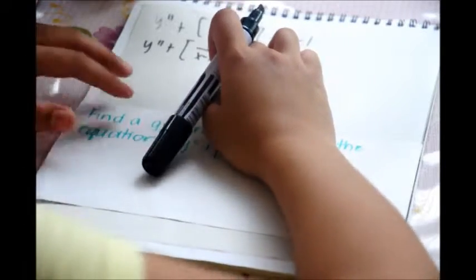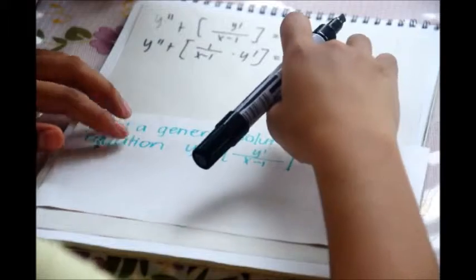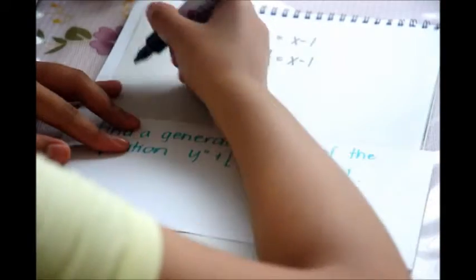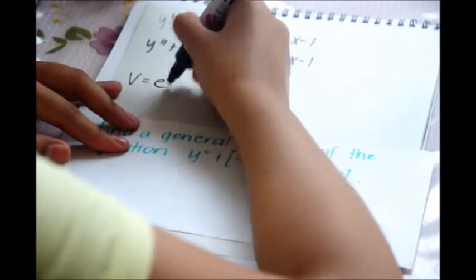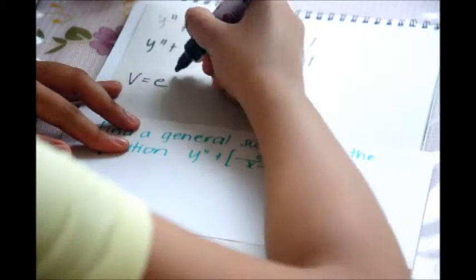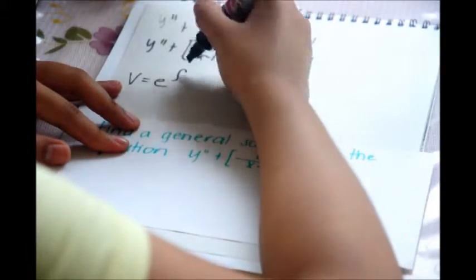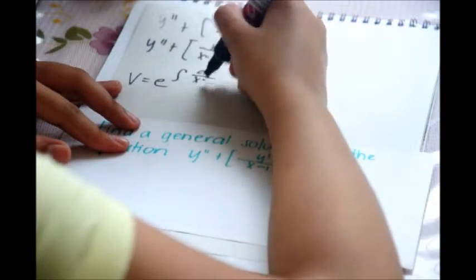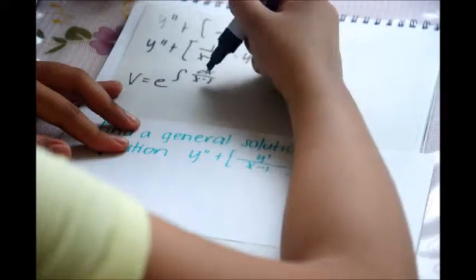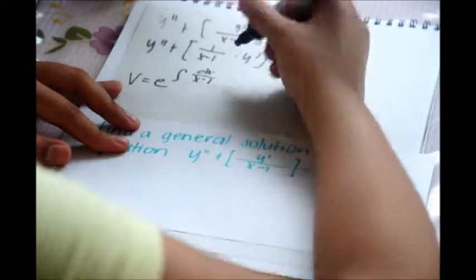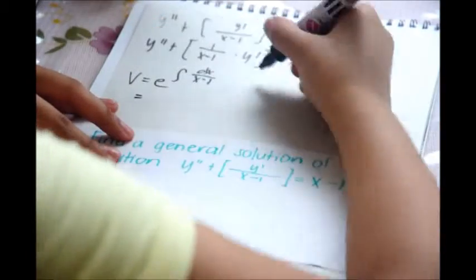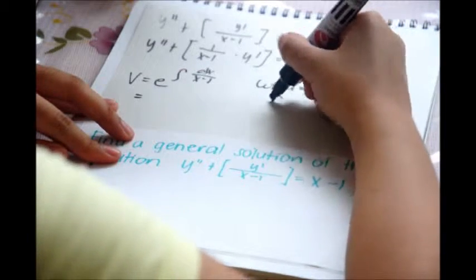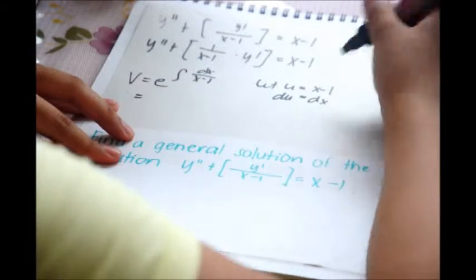So the first step is to treat the y prime as the dependent variable. The next step is to find the integrating factor. So v is equal to e to the integral of dx over x minus 1. So let u be x minus 1, du equal to dx.